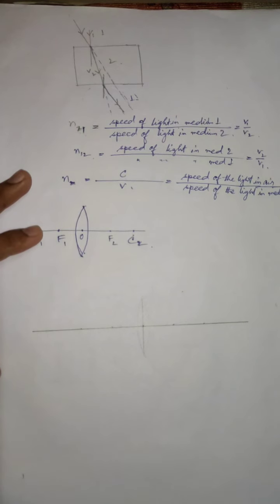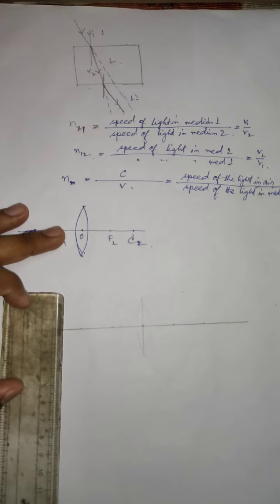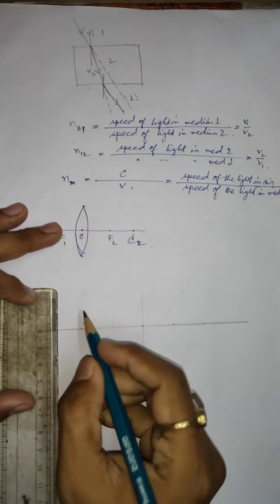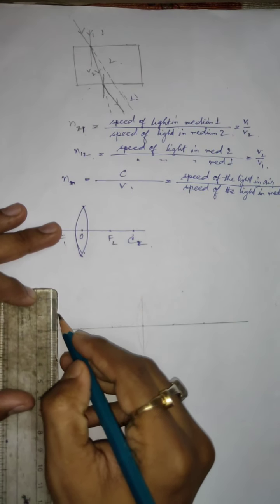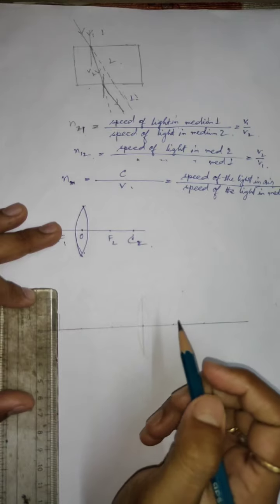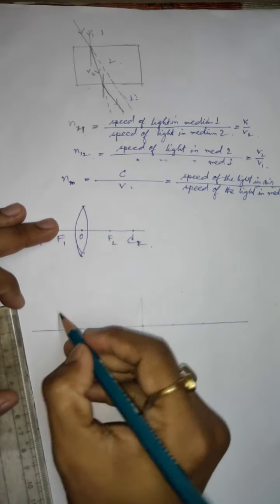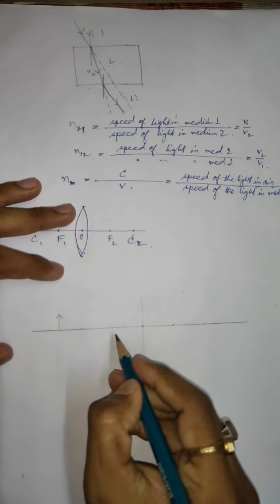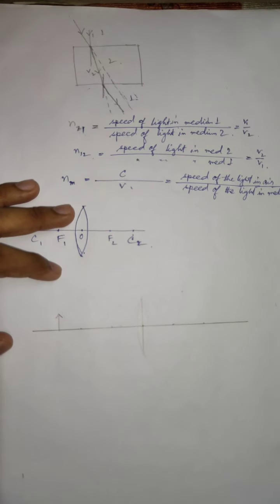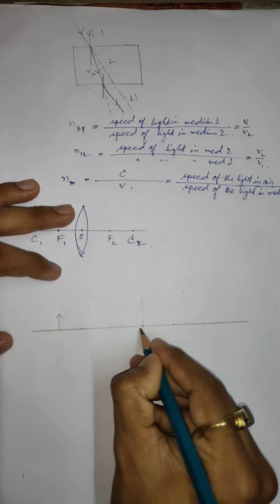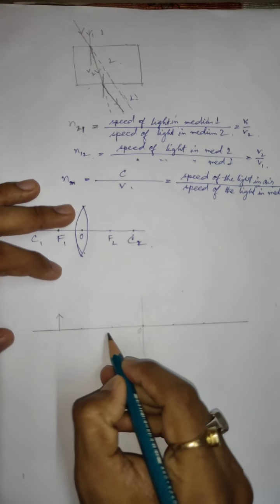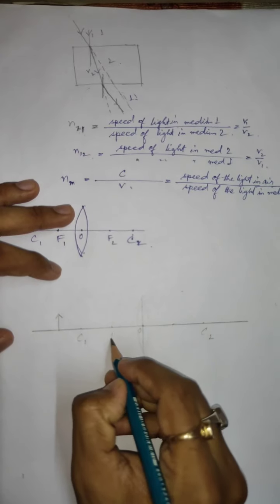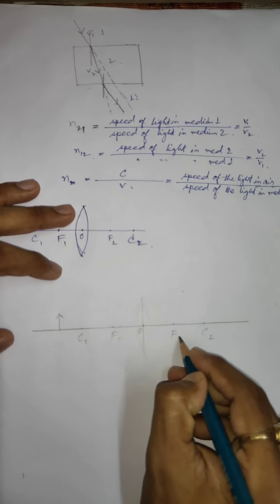Alright, now I am placing the object. I shall place the object beyond the C. Here I take 1 centimeter height for the object because the lens is small. This is O, the optical center, and this is center 1, this is center 2, this is focus 1, and this is focus 2.